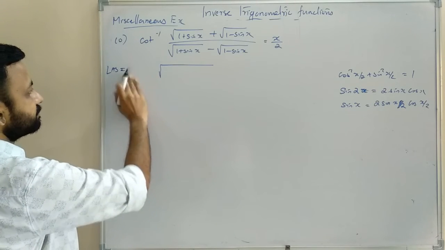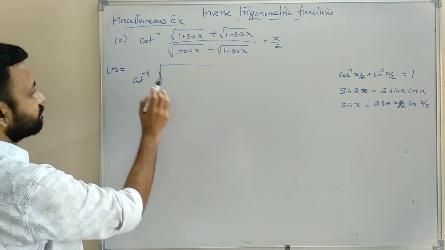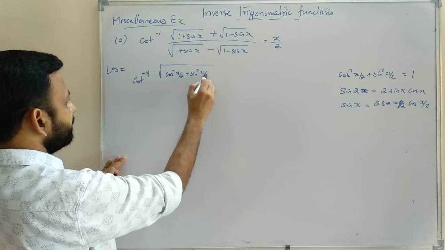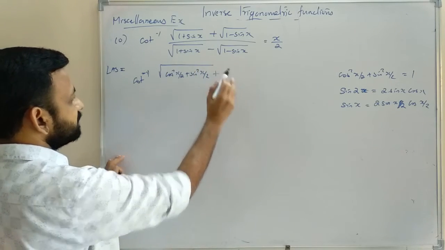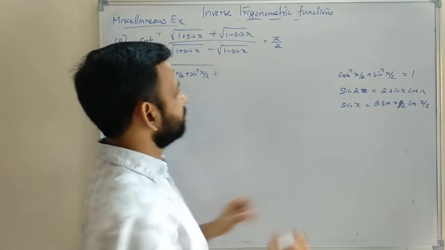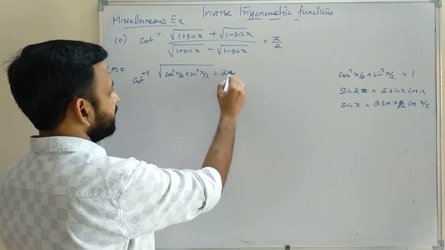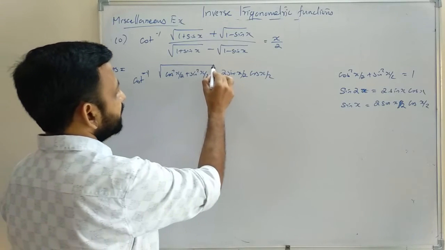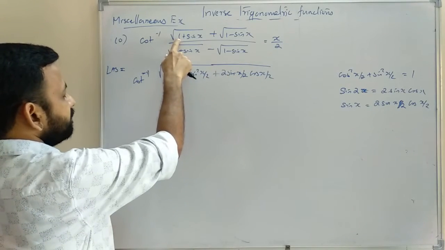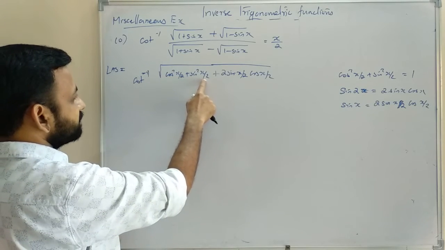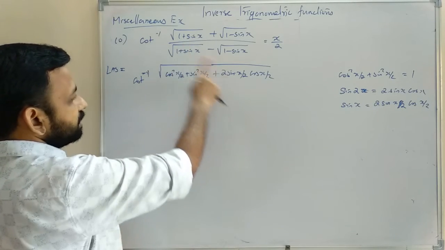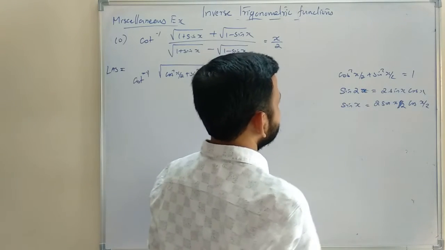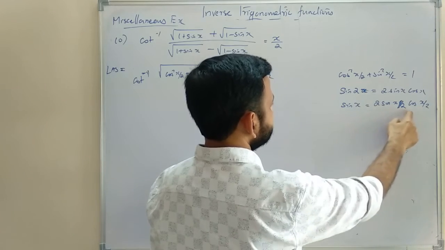We will write 1 as cos square x by 2 plus sin square x by 2, that is 1, plus sin x, that is 2 sin x by 2 cos x by 2. So that is the first radical. In the place of 1, cos square x by 2 plus sin square x by 2, plus sin x, which is 2 sin x by 2 cos x by 2. So here we will write that identity, 2 sin x by 2 cos x by 2.